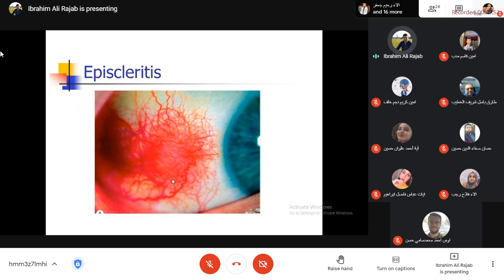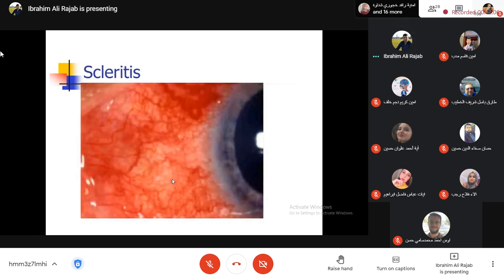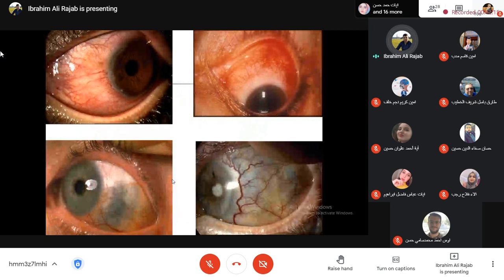If the congestion persists after we put a vasoconstrictor agent, this means that the congestion is in the deeper layer of the sclera, so the patient may have scleritis. So this is a picture of scleritis, where the congestion is in the deep layer of the sclera.